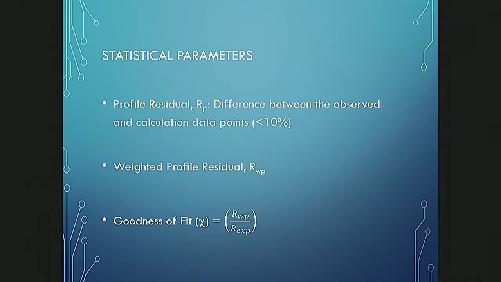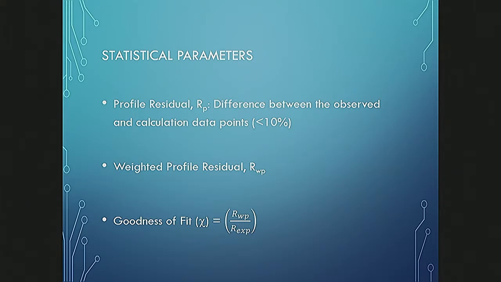The other parameters that are also important to follow in Rietveld refinement are the profile residual, which is the Rp value, and I describe the profile residual as the difference between the observed and the calculated data points. And this value should generally be less than 10% to say that we have a good fit.